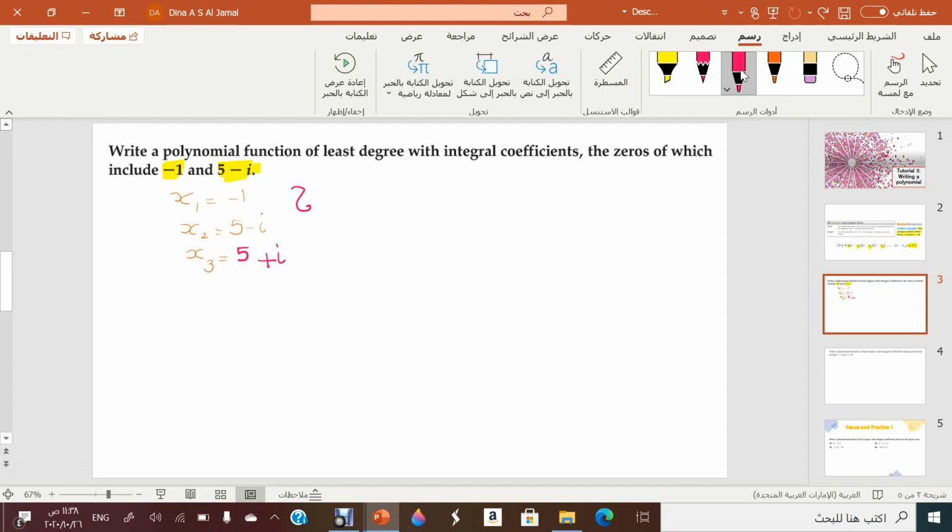And since I have 3 roots, I expect my degree to be equal to 3. So the highest degree at the end should be 3.